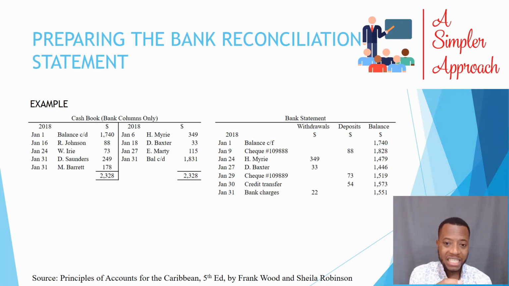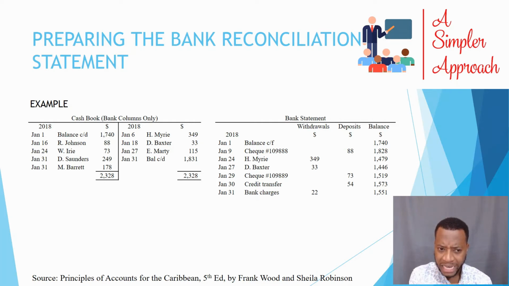If you analyze the debit side of the cash book and the bank statement, you would recognize that there are some items in the cash book that are not on the bank statement, and there are some on the bank statement that are not in the cash book.